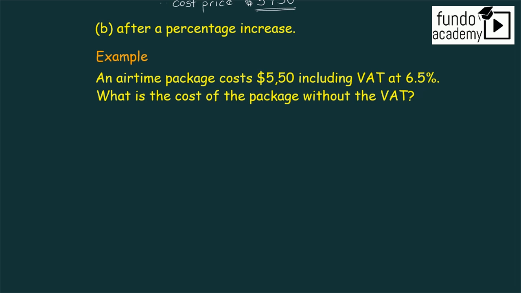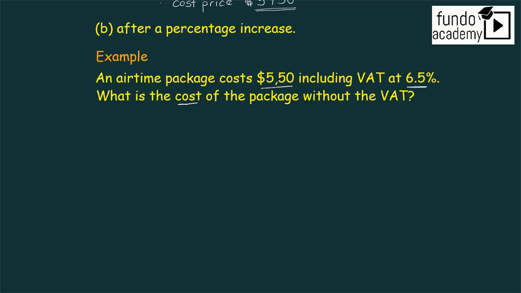All right, so in our case, we want to calculate an original price, that is the price or the cost of the package after a percentage increase of 6.5, because 6.5% is the tax that has been added already to the cost of the airtime package, so that it becomes $5.50 the price.